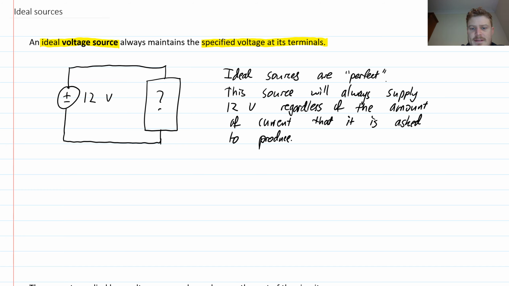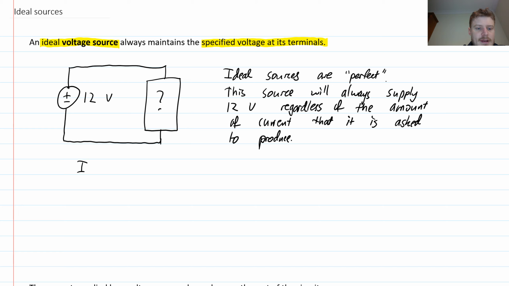When I say asked to produce, what I mean is that the rest of the circuit is going to influence how much current, how much power is actually needed. If I have an ideal source, it's always going to be 12 volts, regardless of what else is going on.